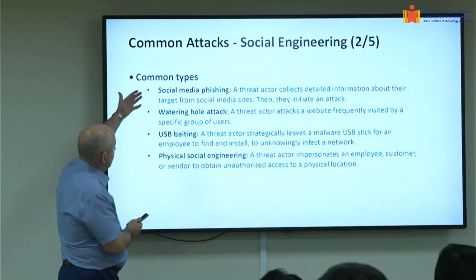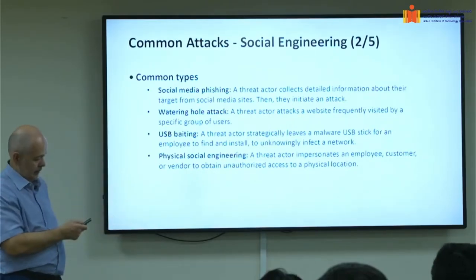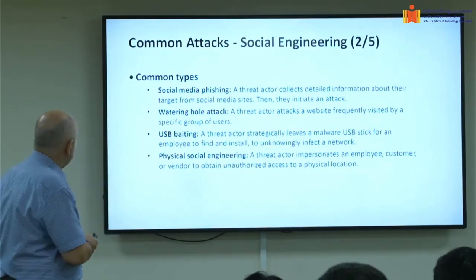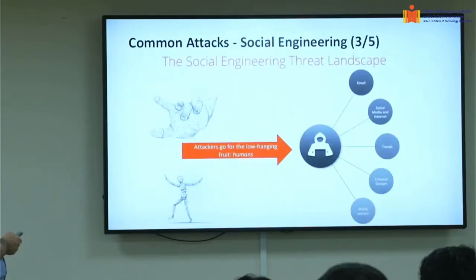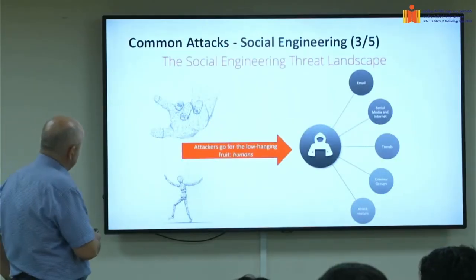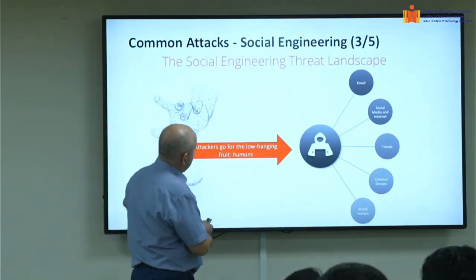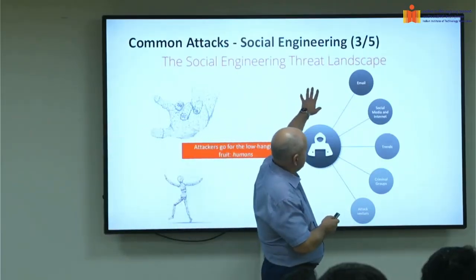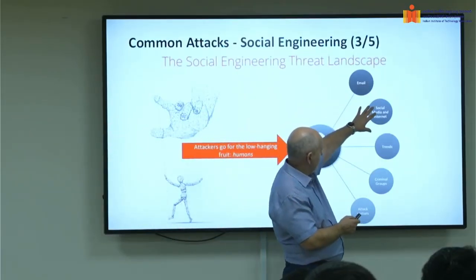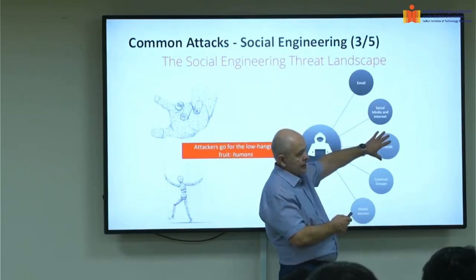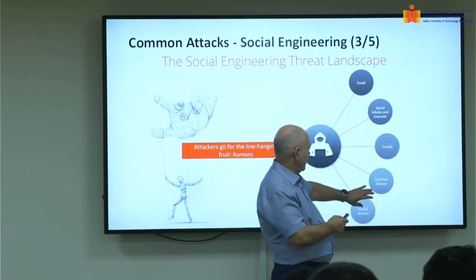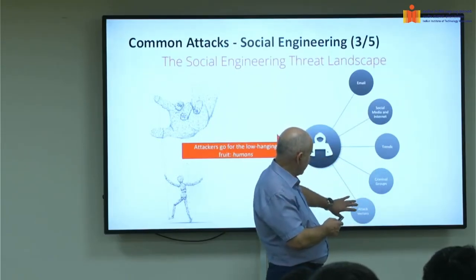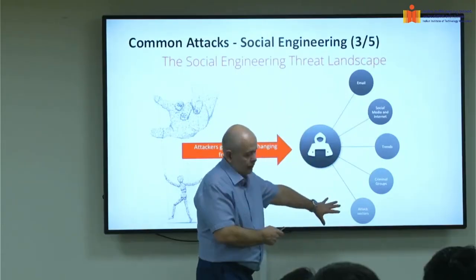The same for the other types of such kind of attacks. So the threat landscape: it could be email, it could be social media, it could be using the trends in the community, it could be criminal groups, and also different attack vectors could be used.